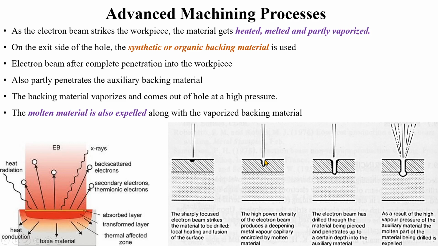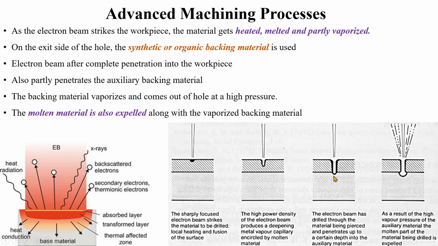At the bottom of the workpiece material, we keep an organic backing material. When the beam strikes this backing material, it also melts and vaporizes it.